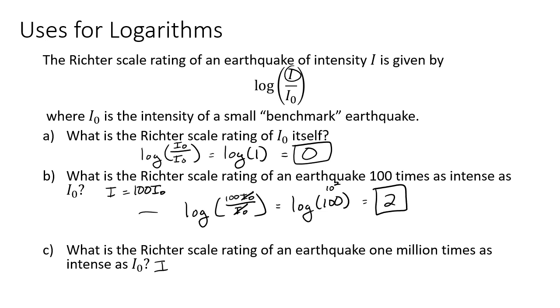Similar process to what we did in B. So the intensity we're measuring would be 1 million times larger than I0.